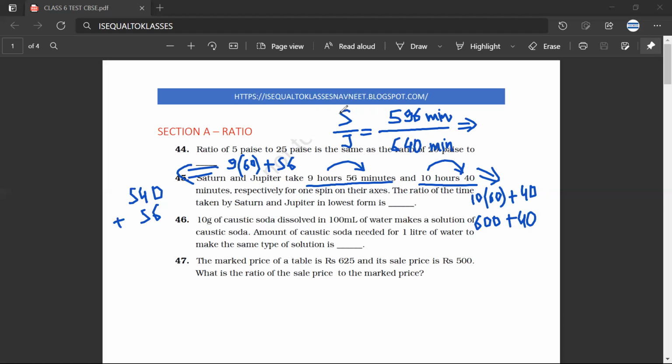No, sir. 4 1 the 4, 4 4 the 16, 4 9 the 36. Is it correct? Yes, sir. So the ratio would be 149 by 160. Is it the final answer? Yes, sir. I couldn't reduce it. Mr. Sarthak, is it correct? Yes, sir.